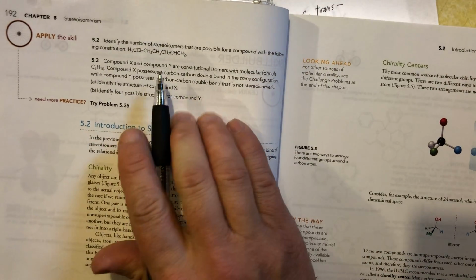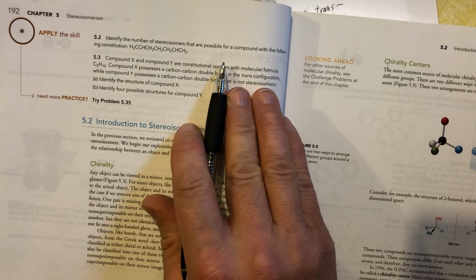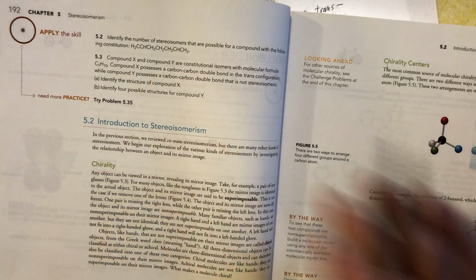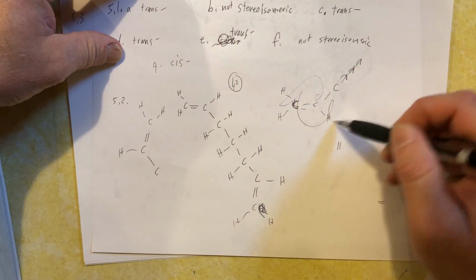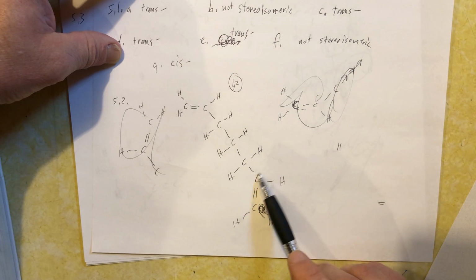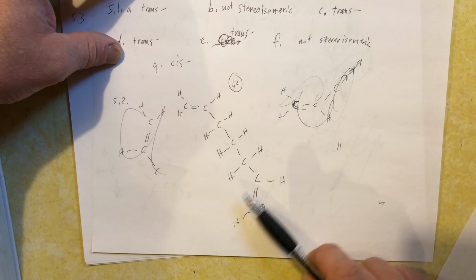Now, 5.2 took me a while. So identify the number, maybe it was 5.3. Identify the number of stereoisomers that are possible for a compound with the following constitution. Now, I guess this one did take me a while too. I had these pieces drawn here. I came around to the eventual conclusion that at this next to last carbon on this end, you could rotate this guy around.